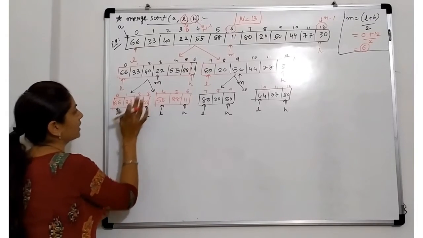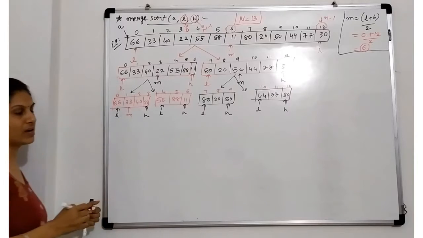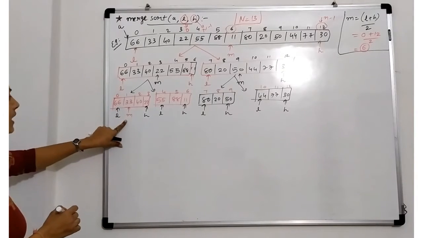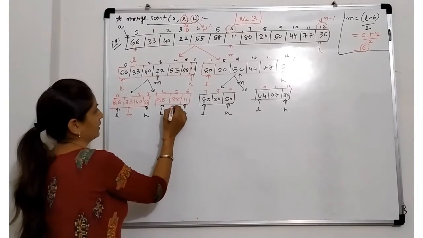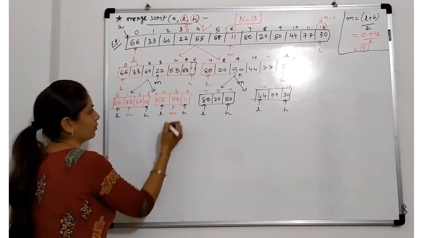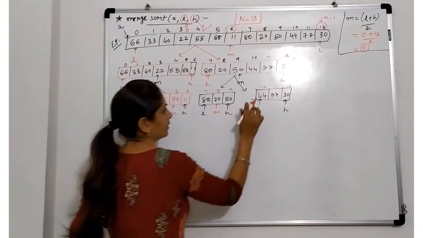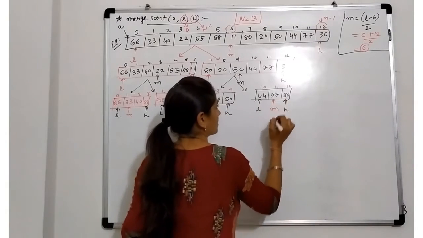For this part, 0 plus 3 divided by 2 is 1.5, so the integer value is 1. So M is at position 1. Here 4 plus 6 divided by 2 is 10 by 2, so M is at the 5th position. 7 plus 9, M is here. 10 plus 12, M is here.